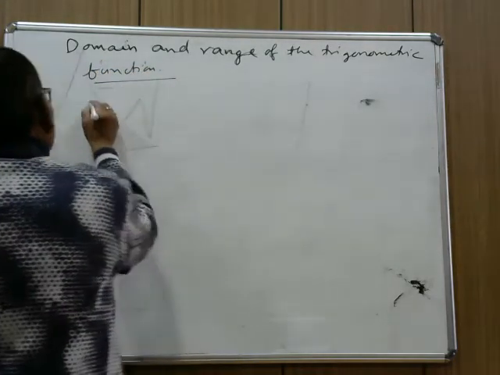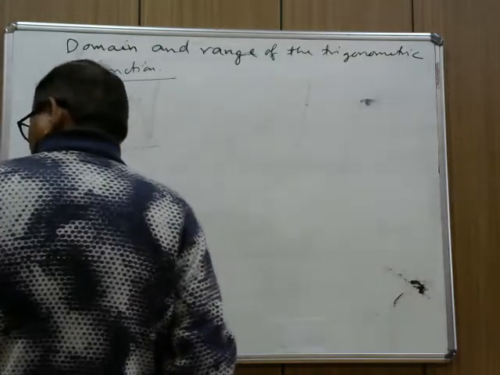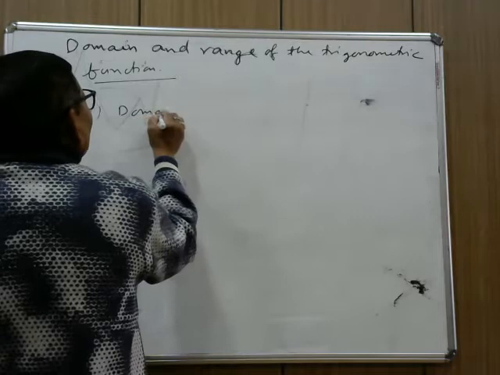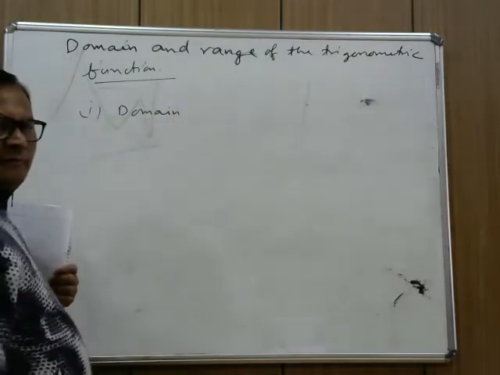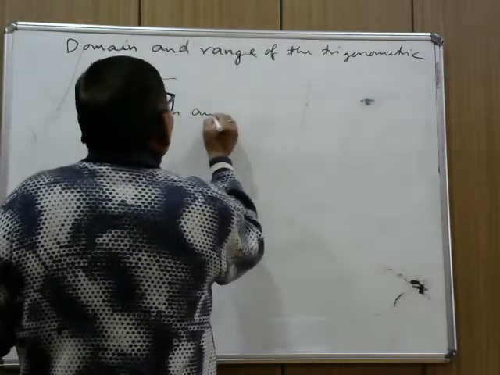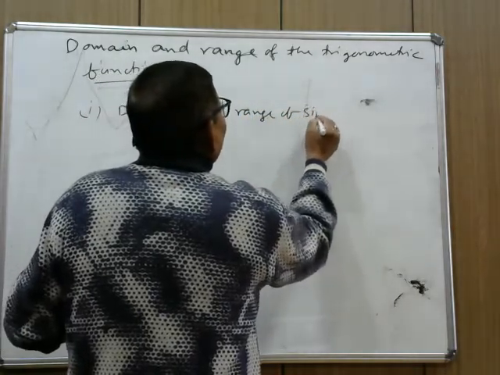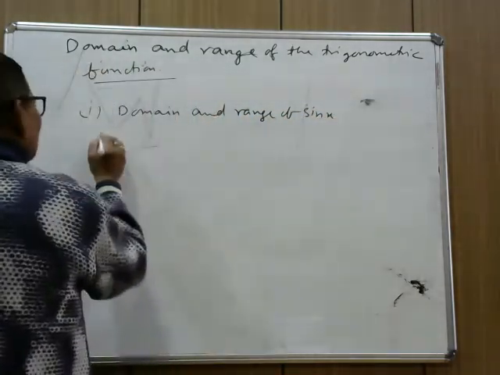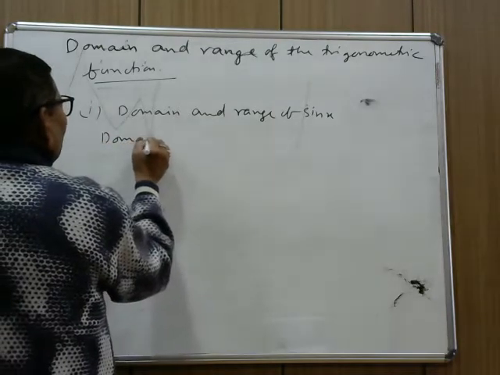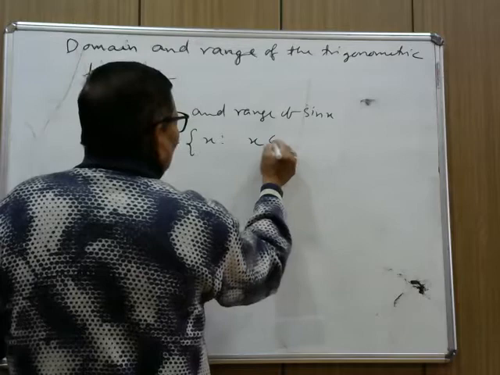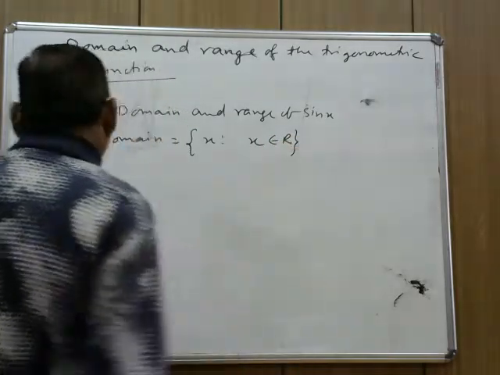First, domain and range of sin x. Domain is defined as all x such that x belongs to R. This is the set of real numbers.